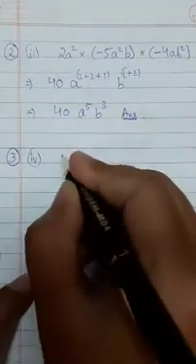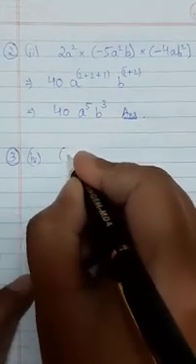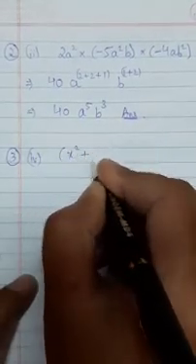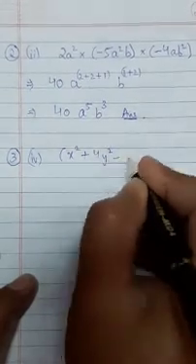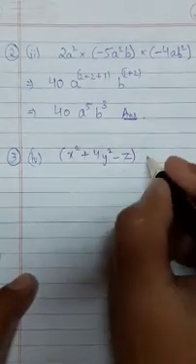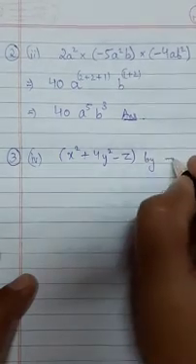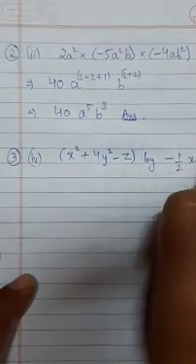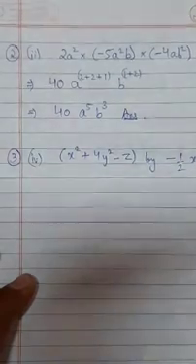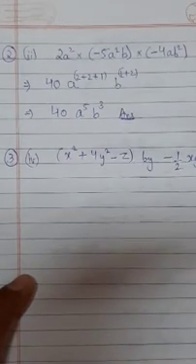So let us rewrite the question in this way. It is x square plus 4y square minus z getting multiplied to minus half xyz.